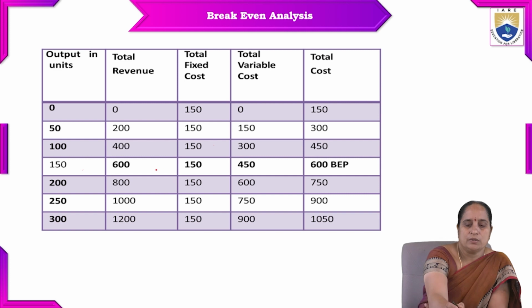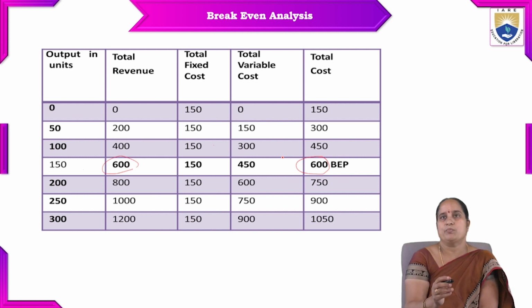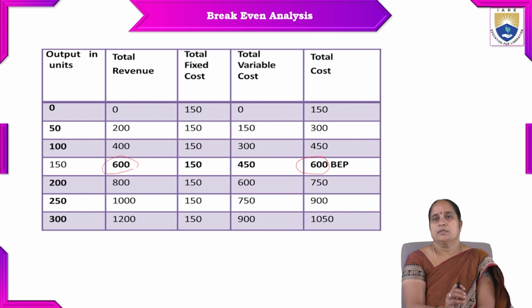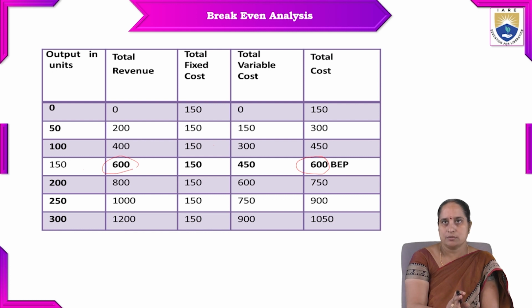If you observe, total revenue is 600 and total cost is 600. So this is the break-even point. At this point the company neither gets profits nor losses, as total revenue is equal to total cost.